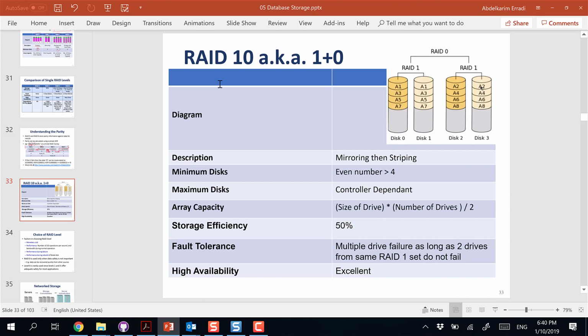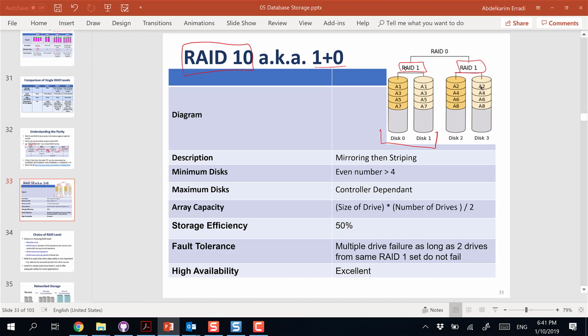So for example, a RAID 10, also known as RAID 1 plus 0. What you do is you first do RAID 1, which is mirroring. So you have two arrays, and inside each array you are doing mirroring. So that's RAID 1.